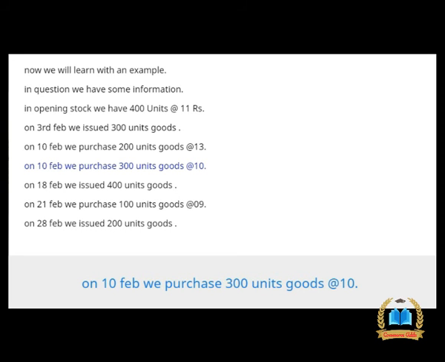On February 10th we purchased 300 units of goods at 10. On February 18th we issued 400 units of goods. On February 21st we purchased 100 units of goods at 9. On February 28th we issued 200 units of goods.